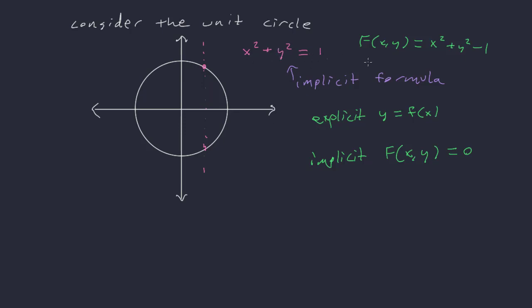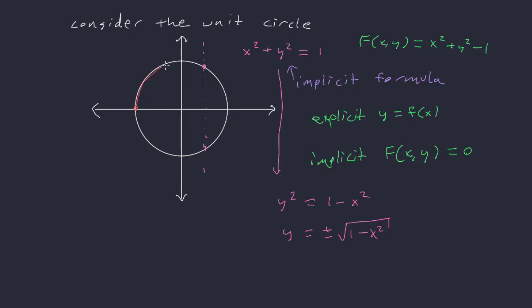But in this case, with the unit circle, we can actually solve for y. So move this over, that y squared is equal to 1 minus x squared. Right? And so y is equal to plus or minus the square root of 1 minus x squared. So what ends up happening is we have two separate functions.